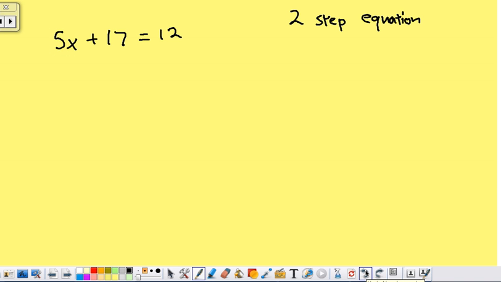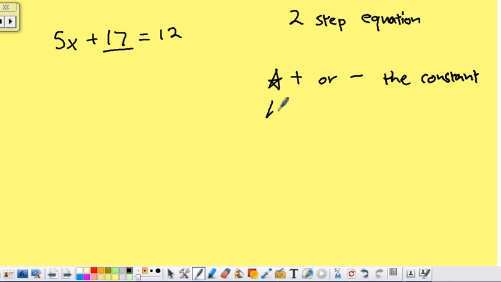Now, the proper way of showing your work for all of this is really to remember two key steps. The first key step is that you're always going to add or subtract the constant. And the constant is the number that's without the variable.